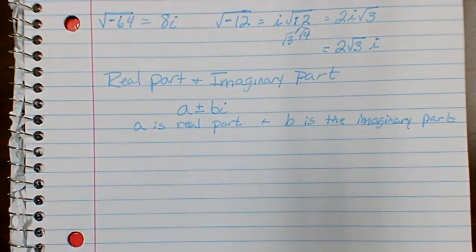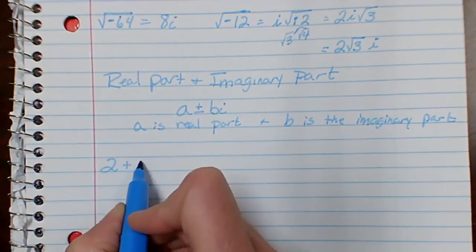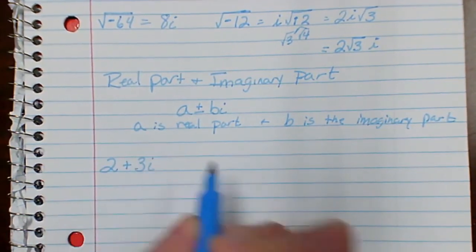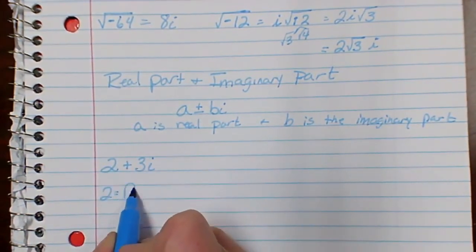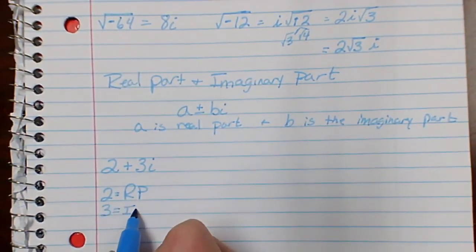So let's identify the real parts and imaginary parts. If we have 2 plus 3i, 2 is the real part and 3 is the imaginary part.